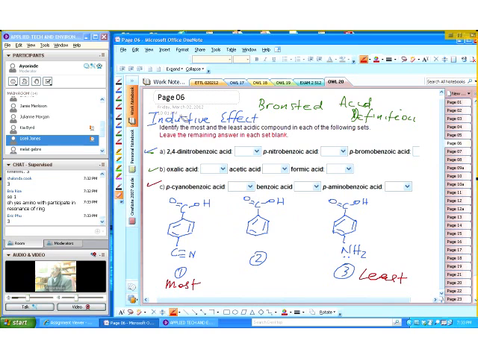Say for example, let me ask you this. Supposing I have this molecule here, with chlorine here, and this molecule here. I think we did this in class.